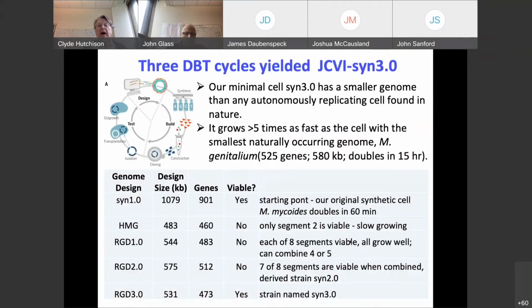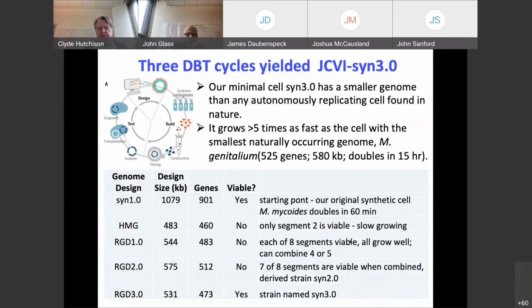So we got into this in the mid 1990s, looking at the organism M. genitalium because it had the smallest genome known at the time, although it wasn't precisely known.